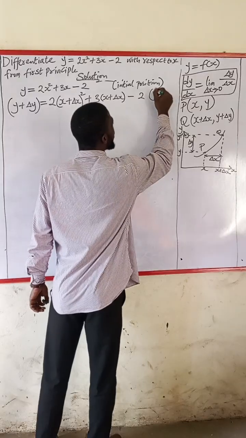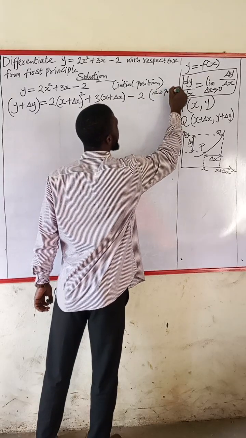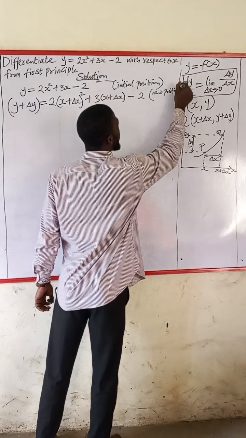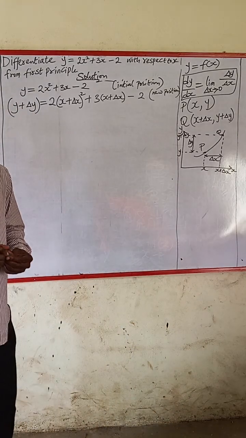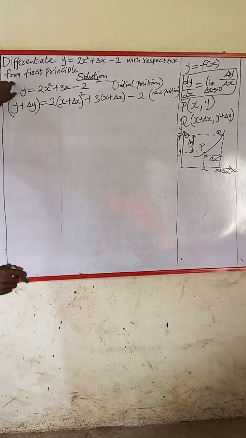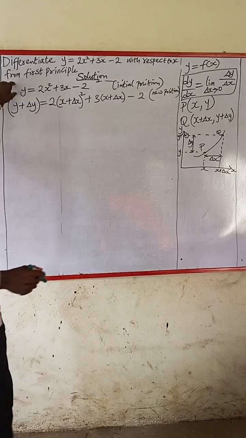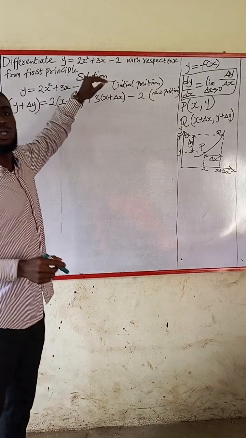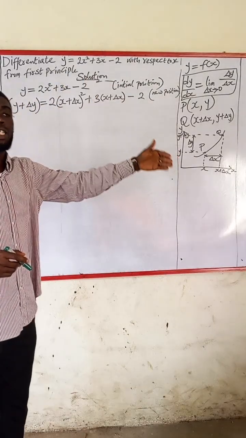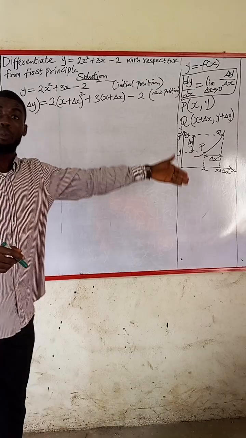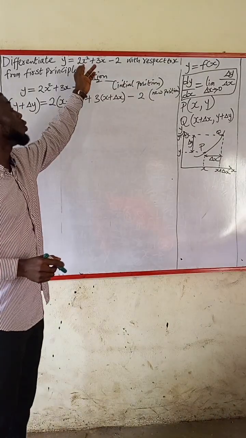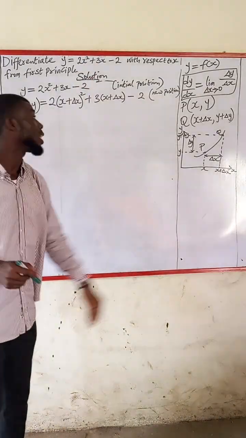This is the new position we are trying to consider. Now this first one was the original position, but we can use this to predict any subsequent value of the new position. So far you give us the value of x, I can tell you what will be y.